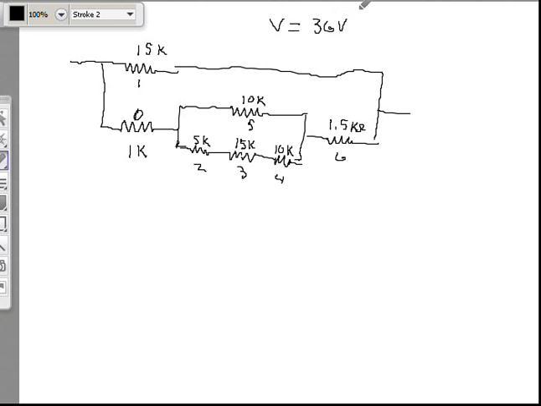All right, now we can get to real work here. First off, I've got 15K and 30K. My series circuit here between R2 and R4 is 25K and 5K. That's 30K, and 10K ohms.